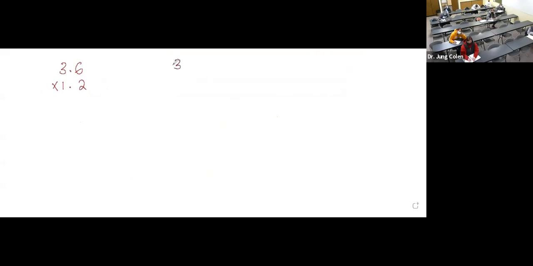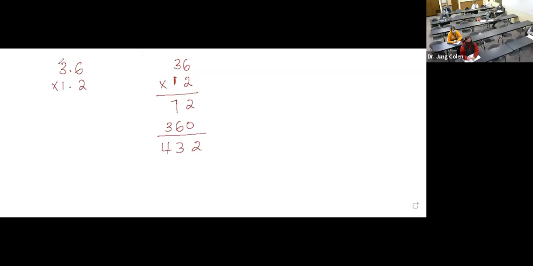So we treated these as 36 times 12 and multiplied. So 6 times 2, 12; 3 times 2, 60, so we have 72. 6 times 10, 60; 3 times 10 is 300. So 360. 432.